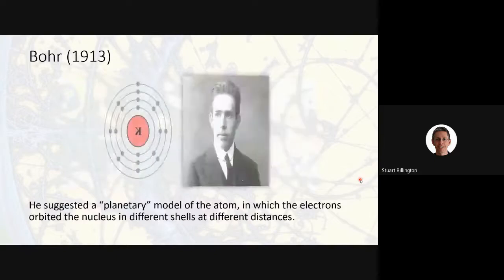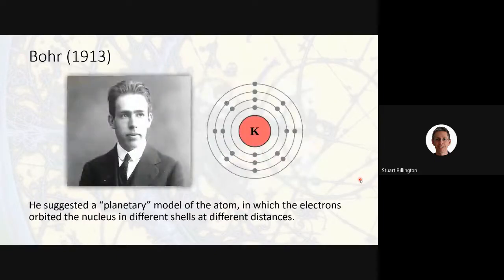But then just 2 years later, a guy called Bohr puts forward the notion that Rutherford's atom needs a little bit of attention to the electrons. And it's Bohr that conjectures that the electrons need to be in certain places. That we've got this shell model where there are, you know, your 2-8-8 structure of your electrons.